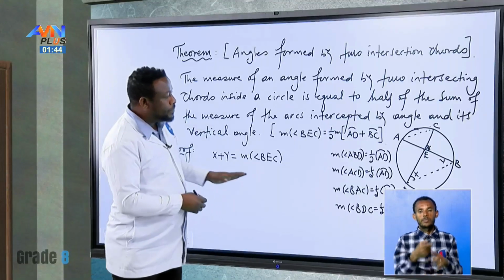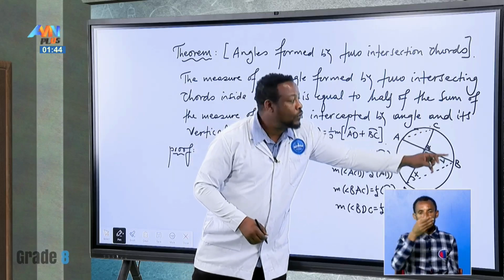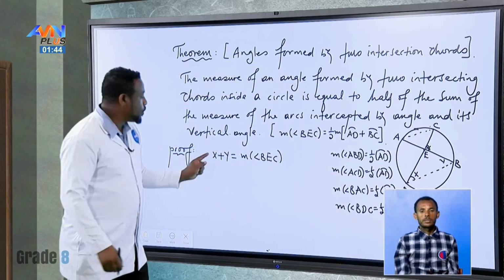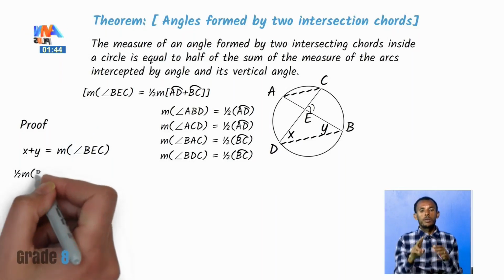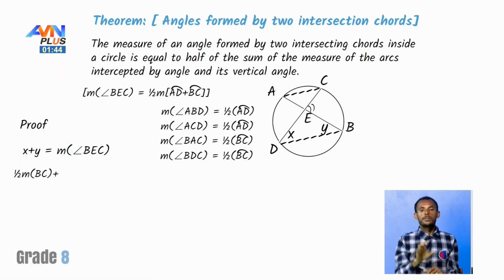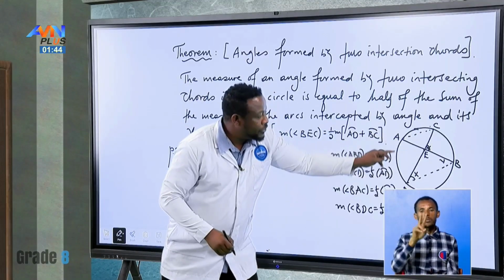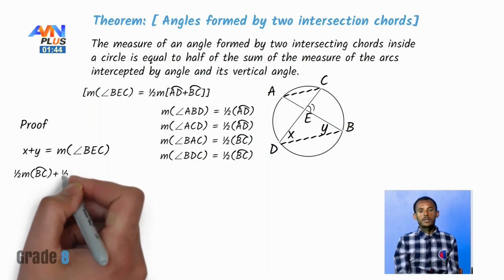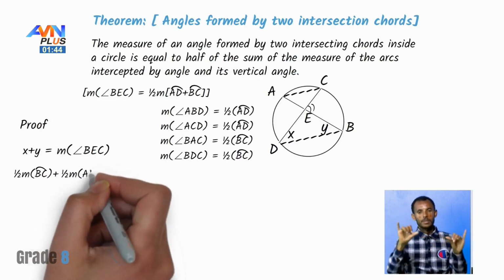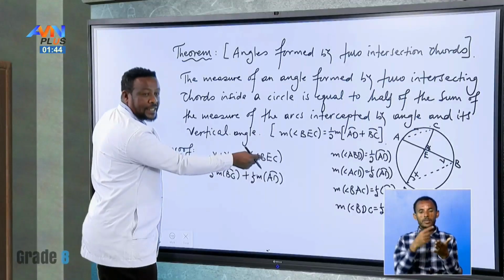But X means half of BC. In place of X, you can substitute half of the measure of arc BC, and Y means half of the degree measure of AD. So these two give us this angle.